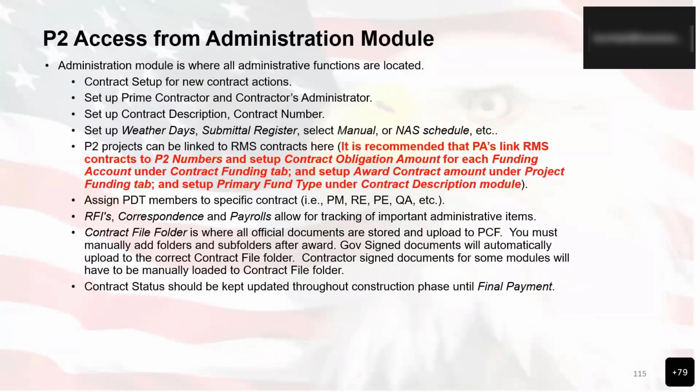Once that's done, we can proceed to assign the PDT members to the specific contract, the RFIs, and then the contract file. This is where all the official documentation will be stored. And then lastly, contract status should be kept updated throughout the construction phase until final payment. So that's the overall approach that we recommend taking for that list.